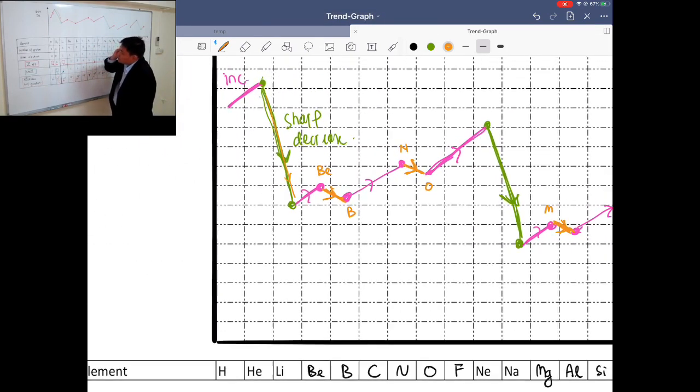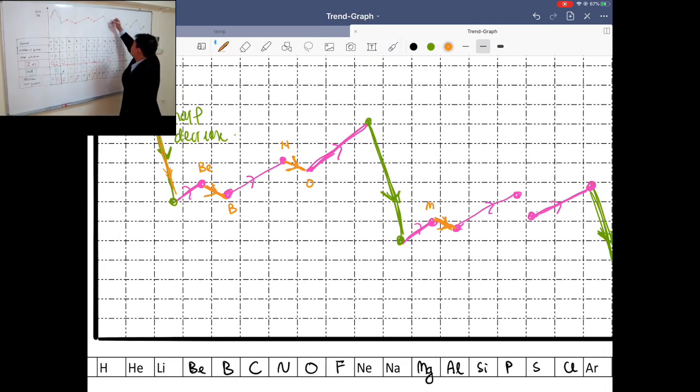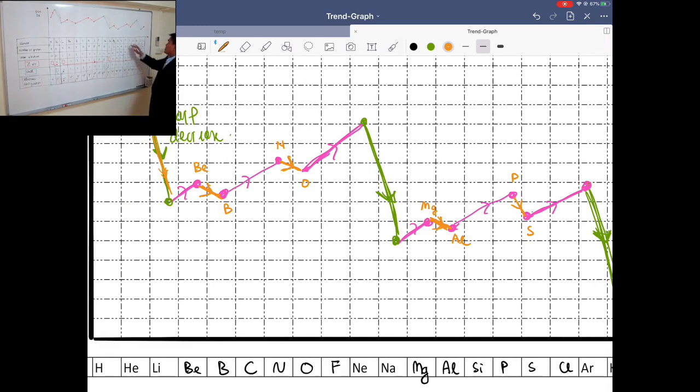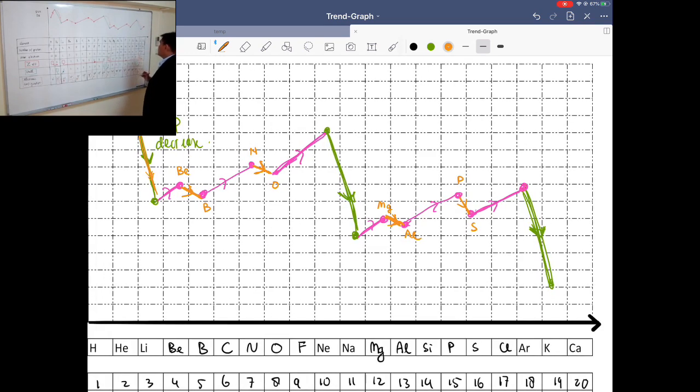It decreased because of the number of shell, and also it decreased because of the less stable electronic configuration. So the same thing applies here from sodium to neon. So this one also from magnesium to aluminium, from phosphorus to sulfur, and also here from argon to potassium.